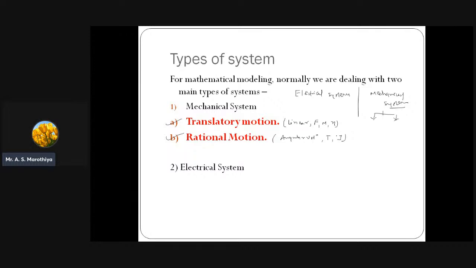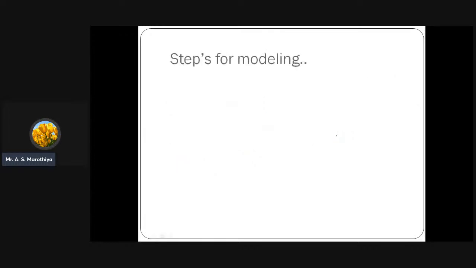And if we are dealing with rotational motion type mechanical system, we have the concept of angular velocity, torque and inertia. So there are different approaches to find the mathematical modeling for different types of mechanical system, and there are steps involved in the modeling of a system.